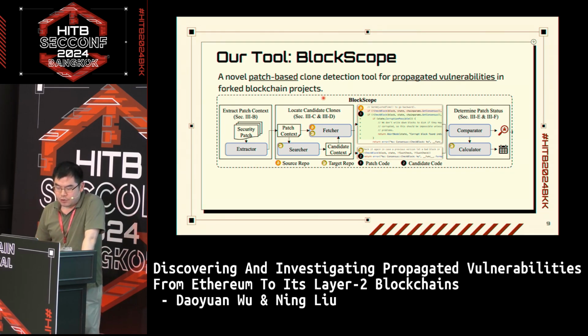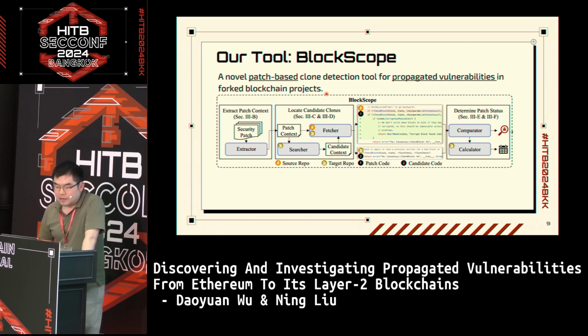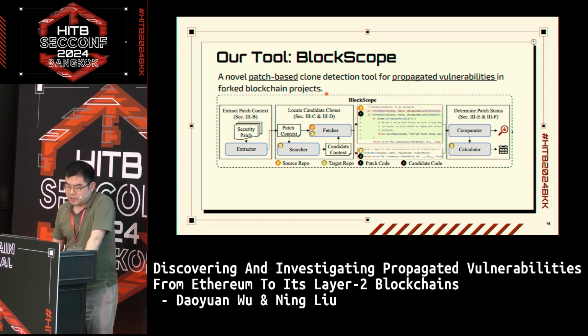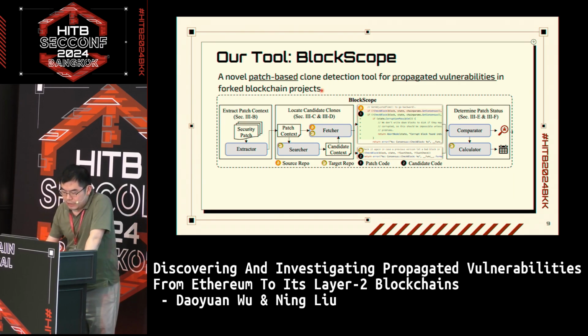While this talk covers mainly Ethereum, it can also be used to analyze the layer 2 networks of Bitcoin. This year there is some hot interest in the layer 2 networks of Bitcoin, so our tool covers both ecosystems.